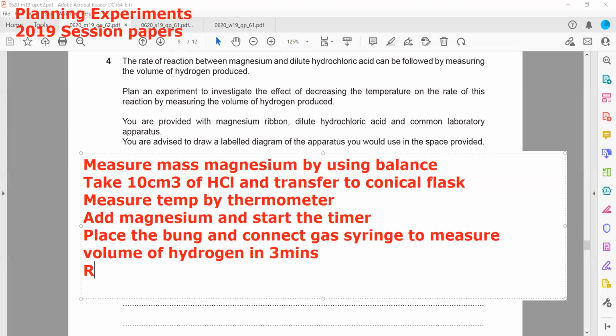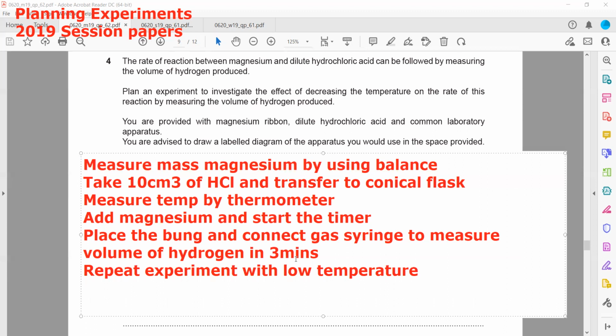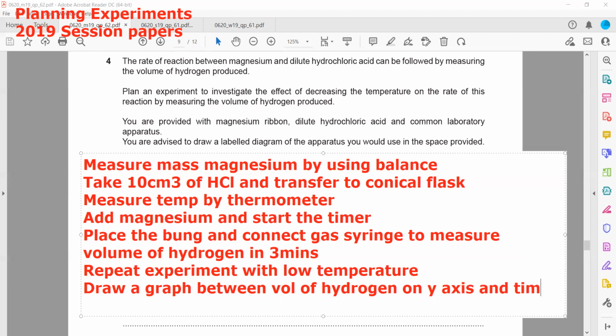Then we can repeat the experiment with lower temperatures, or different temperatures. Then to reach our conclusion, we can draw a graph between volume of gas, or volume of hydrogen, on the y-axis and time on the x-axis.